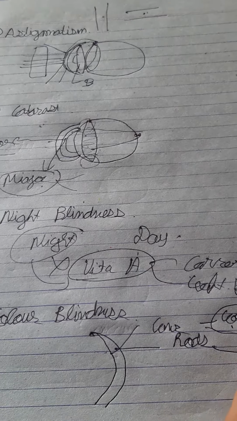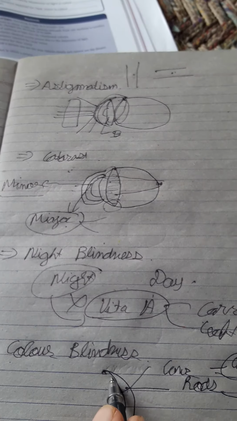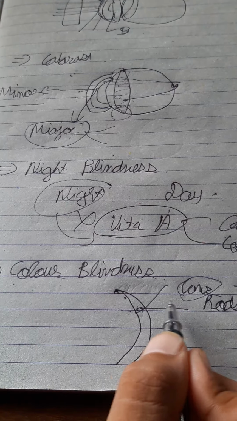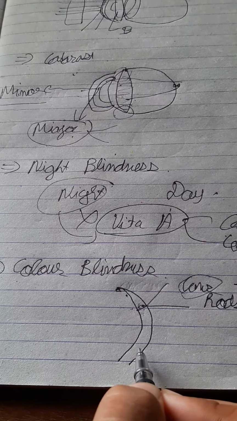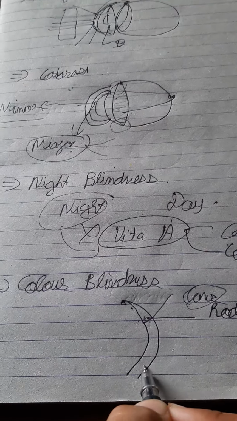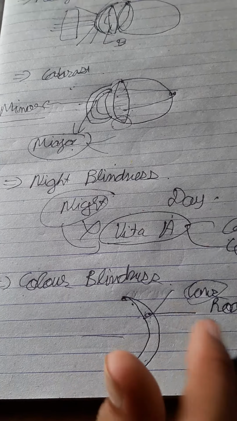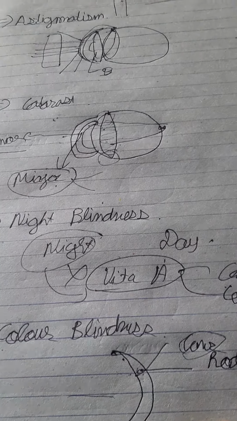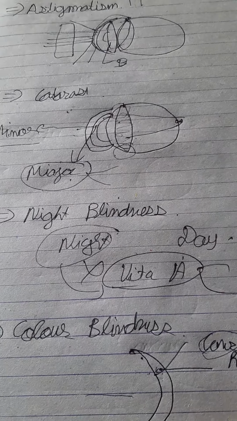Due to a genetic problem, a DNA problem, the cones in the retina are present in very few numbers, or they have absolutely disappeared. So the person suffering from this cannot distinguish between the colors, and they would see the image as black and white.